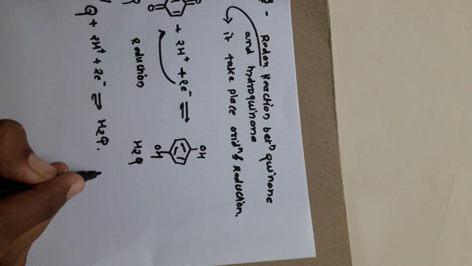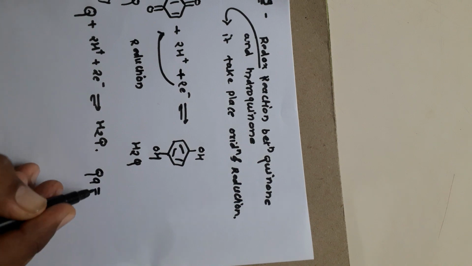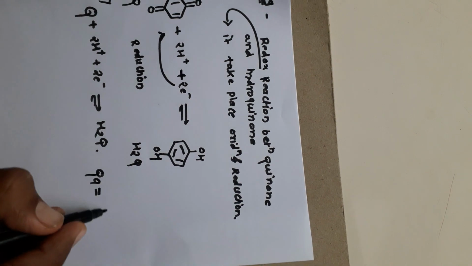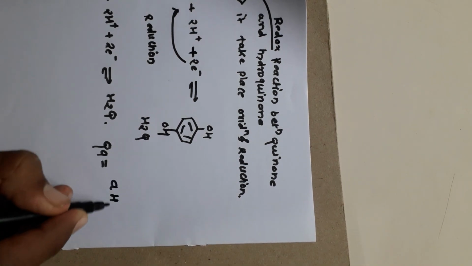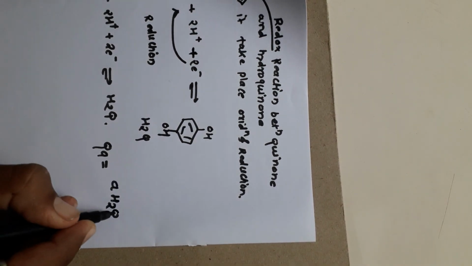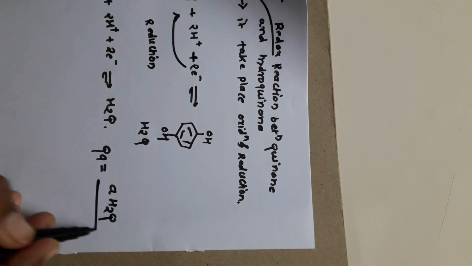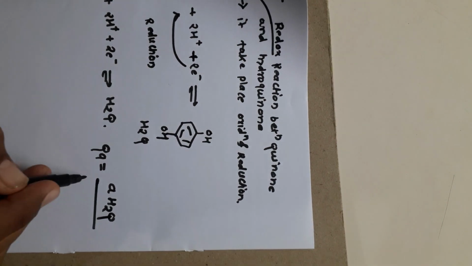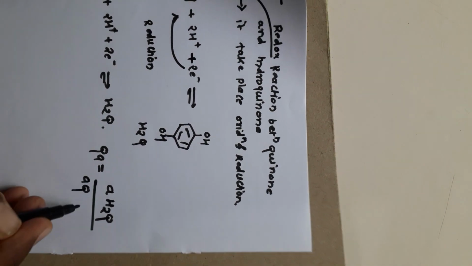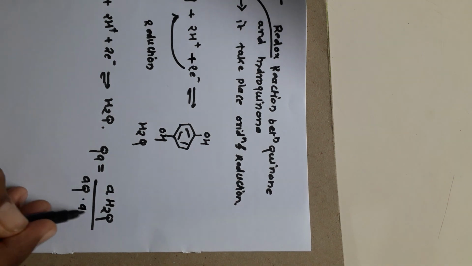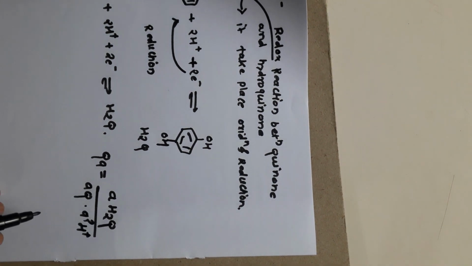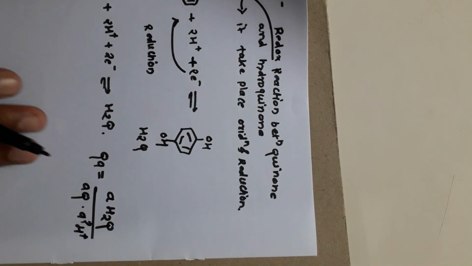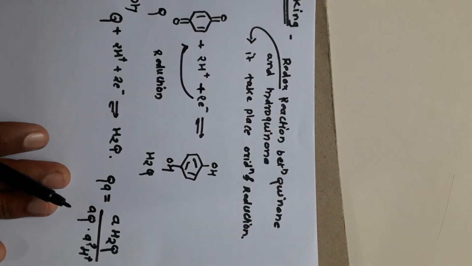The reaction quotient is Qa, which is equal to the activity of product, hydroquinone H2Q, divided by the activity of reactant, which is the activity of quinone times a square of H+ ions. There are 2 H+, that's why a square of H+ ions.